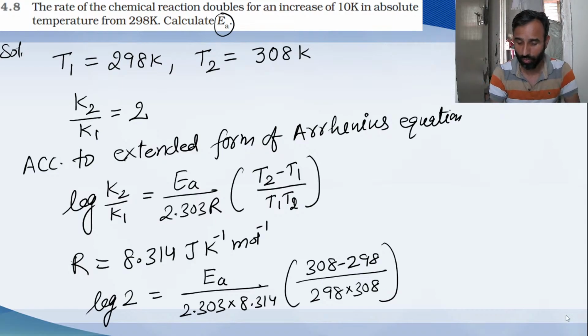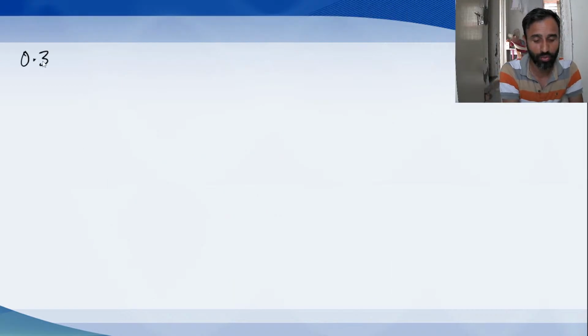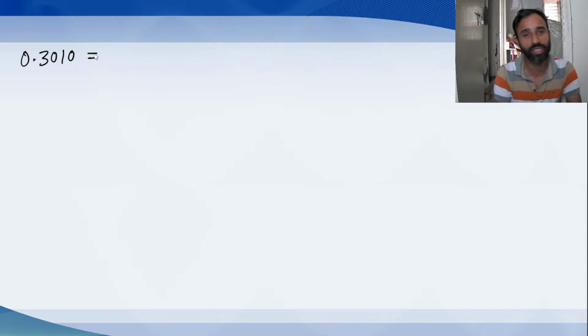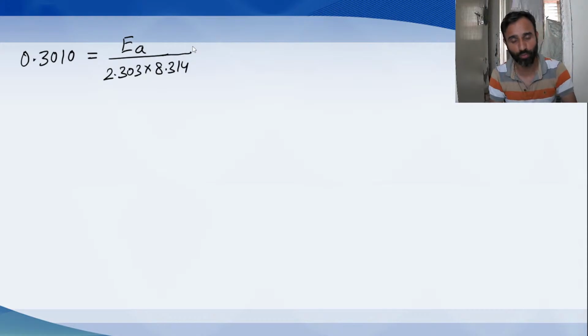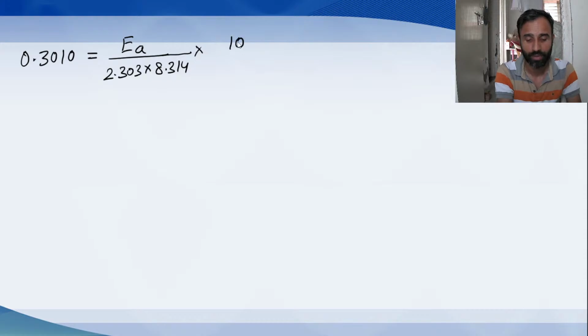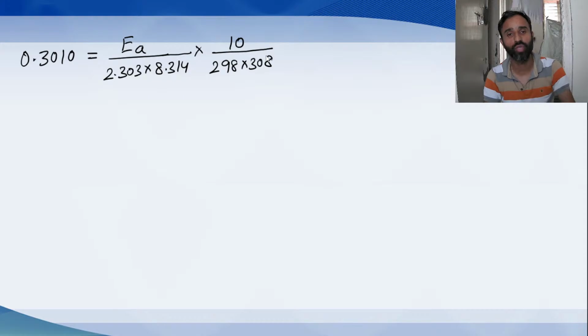Now, log 2. What is the value of log 2? 0.3010 equals EA upon 2.303 into 8.314 into 10 divided by 298 into 308.